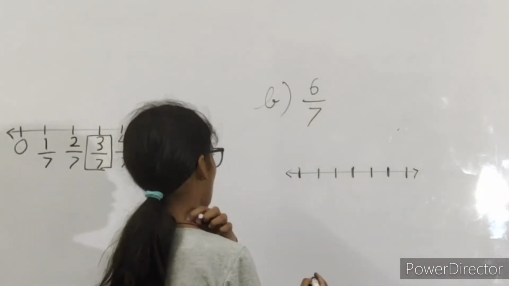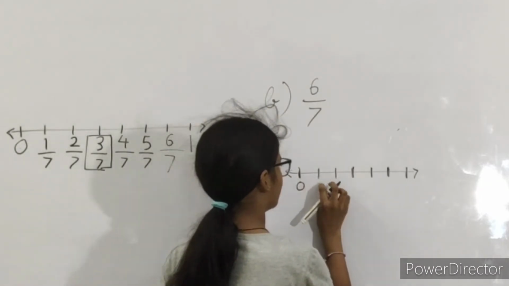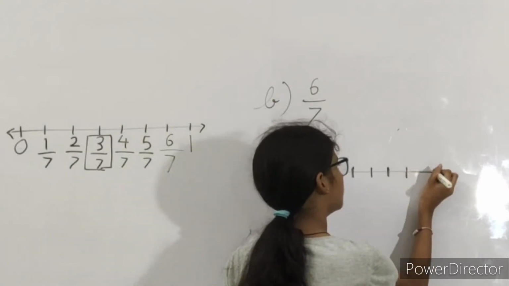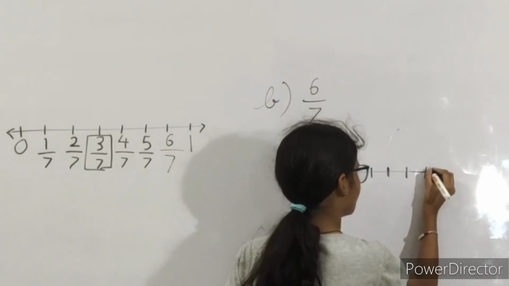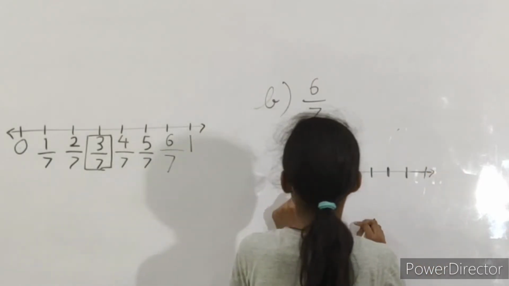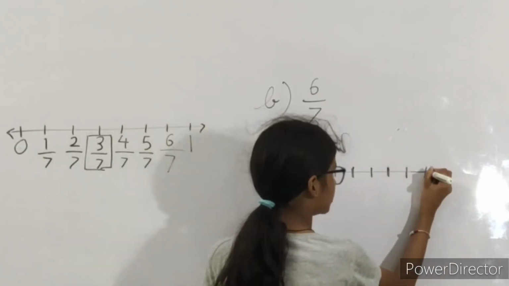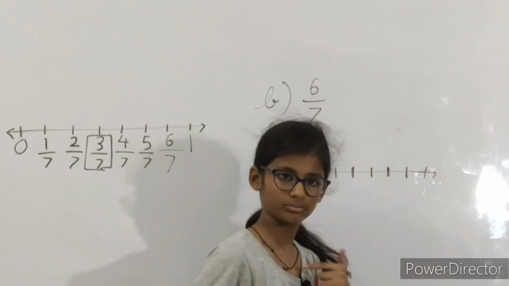Okay. Now what I'll do, this is 0, 0, 1, 2, 3, 4, 5, 6, 7. Equal space should be between this both and these both. Okay. Yeah, now it's equal.